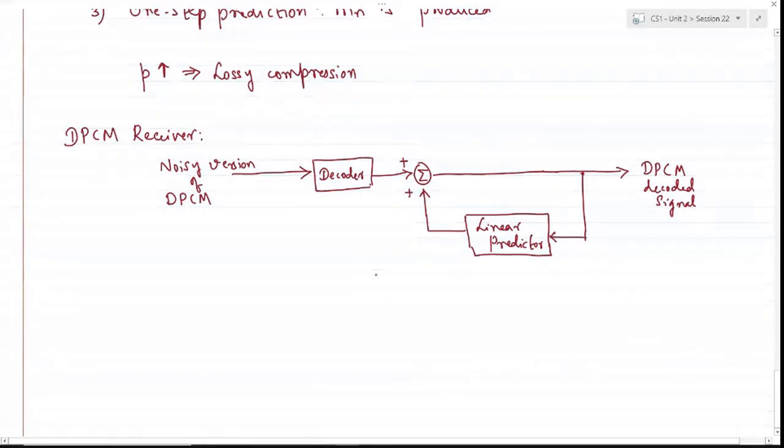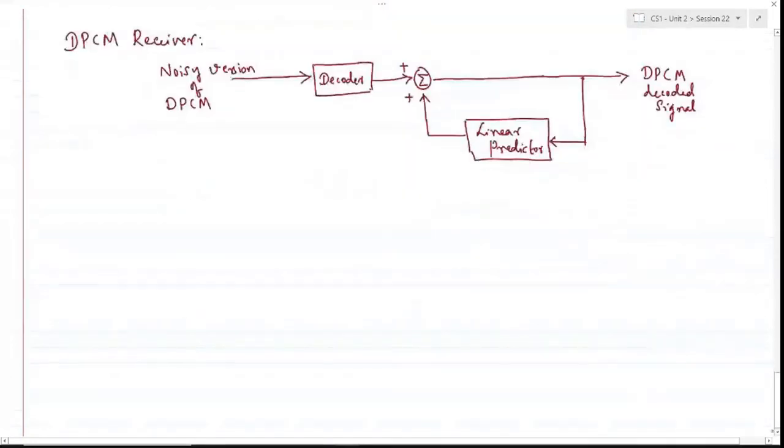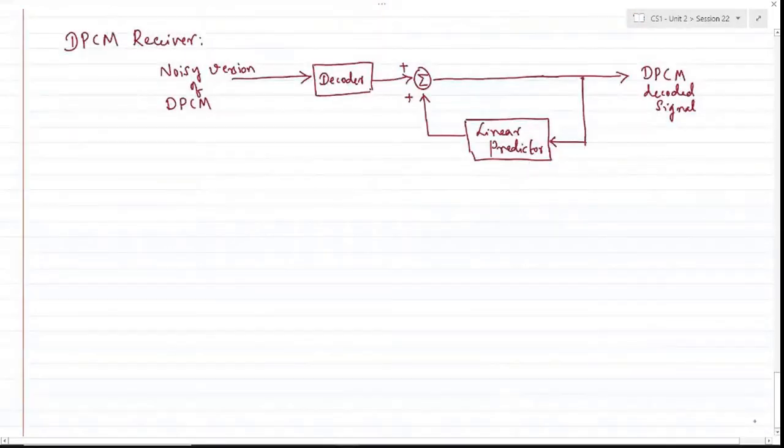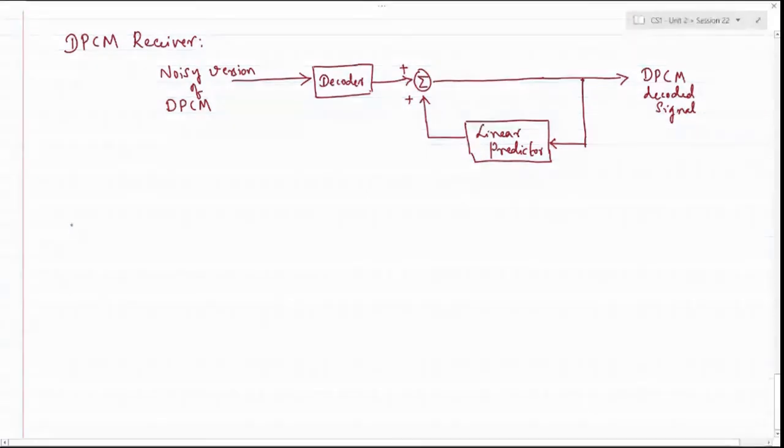Of course, just writing the working principle of any system doesn't make a complete process. We need certain parameters which will give the quantitative analysis of any system. So to evaluate any DPCM process, there is something known as processing gain.